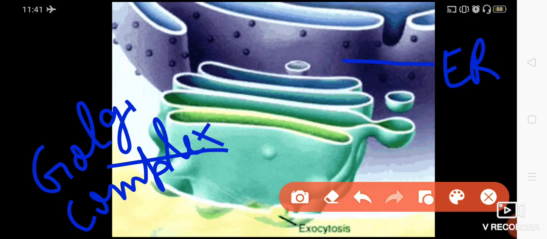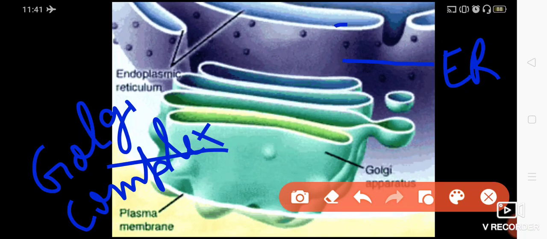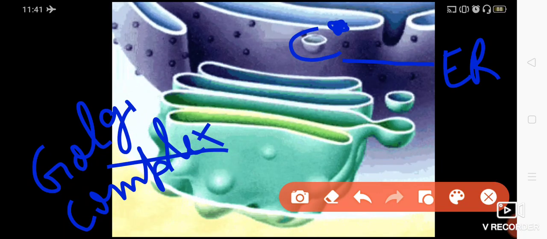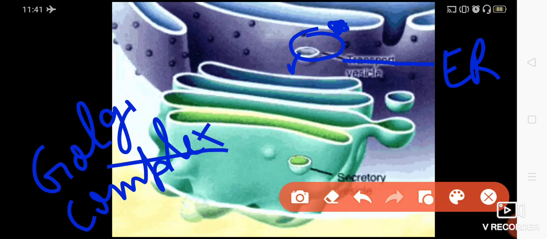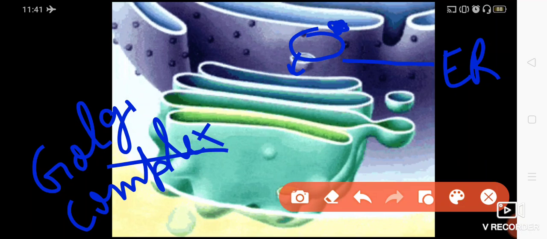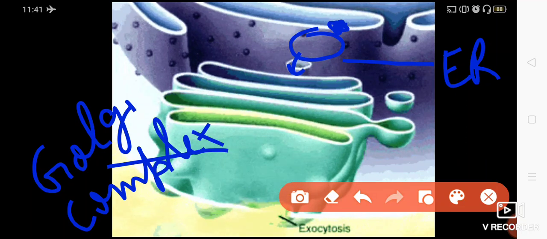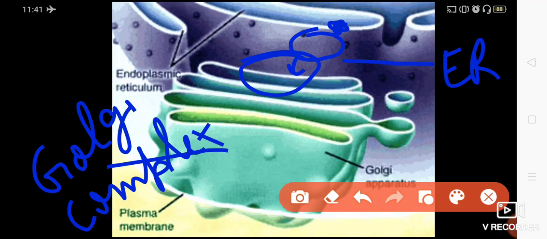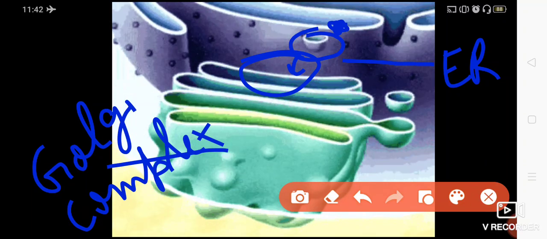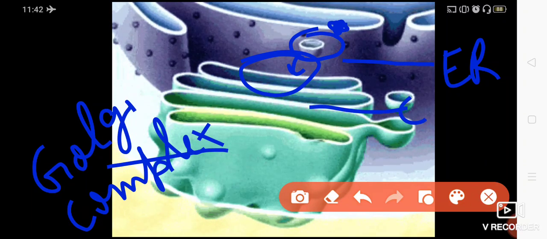Okay, so now you will see that materials which are being formed here will be packed in the vesicles. These are the vesicles. These vesicles will move to the cis phase of the Golgi body, and merge into the cisternae.